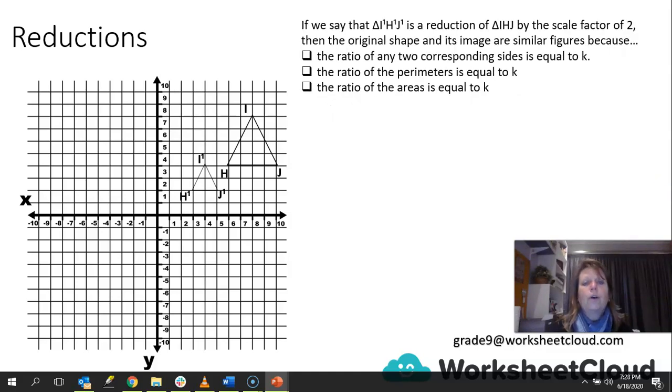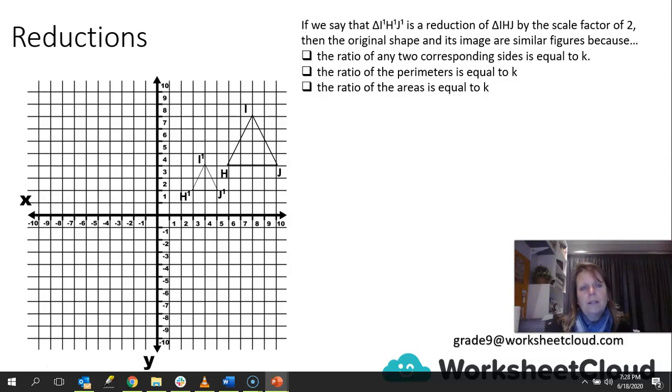So if we say that triangle I1H1J1 is a reduction of triangle IHJ by the scale factor of 2, then the original shape and its image are similar figures because the ratio of any two corresponding sides is equal to K, the ratio of the perimeters is equal to K, and the ratio of the areas is equal to K squared.